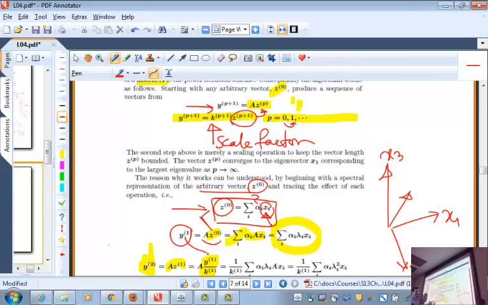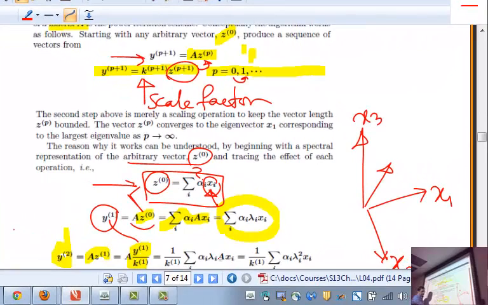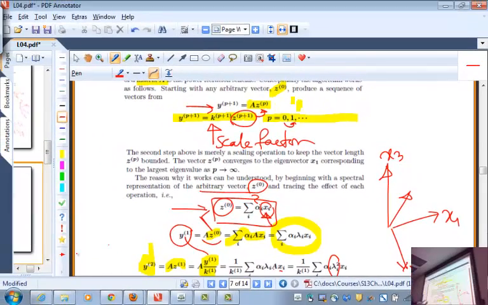Y1 is replaced by xi, but it is pre-multiplied by A. So you get one more A xi. You replace that by one more lambda xi, so this becomes lambda squared. So every time you multiply by the matrix, the power of these eigenvalues, summation over the entire space, goes up one by one.